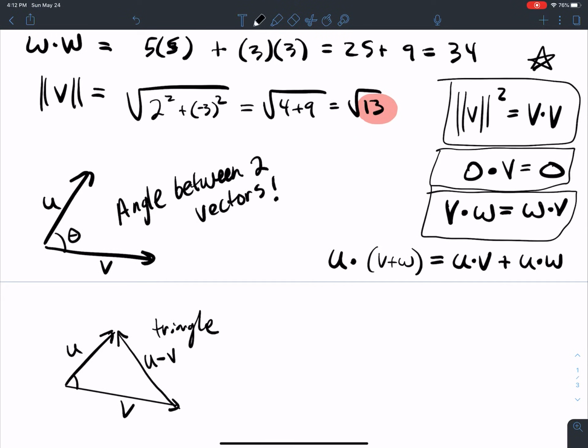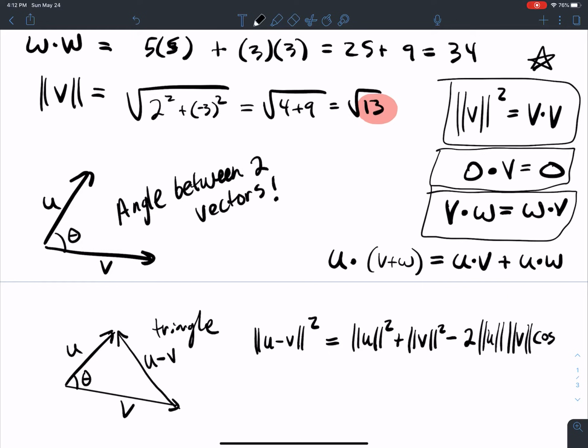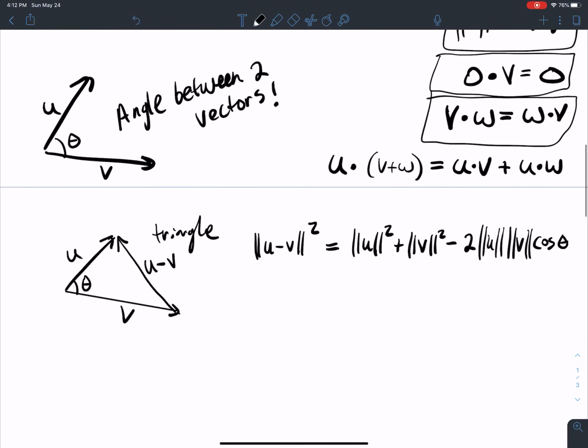Now, I know that this angle is theta here. So I'm going to use the law of cosines. So the magnitude of u minus v, that's how long it is, squared, equals the magnitude of u squared plus the magnitude of v squared minus 2 magnitude of u, magnitude of v, cosine of theta. That's the law of cosines.